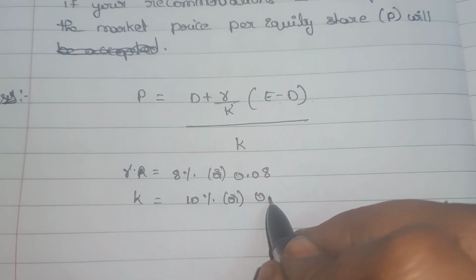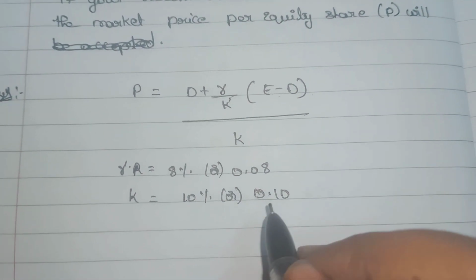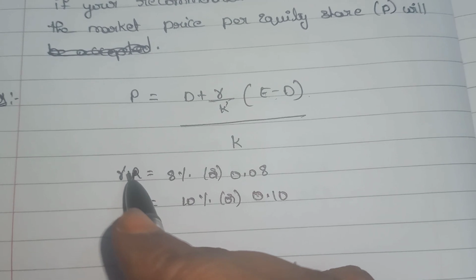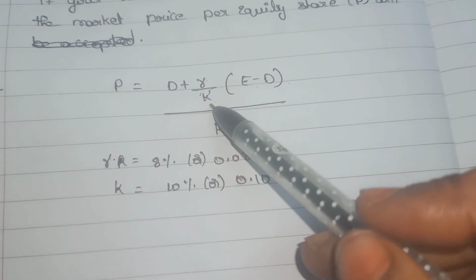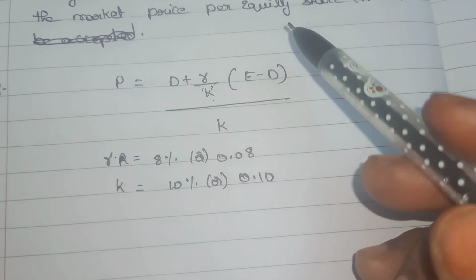Okay, so now we know the values of R and K. To substitute the values, we then have to find the dividend per share and earnings per share.